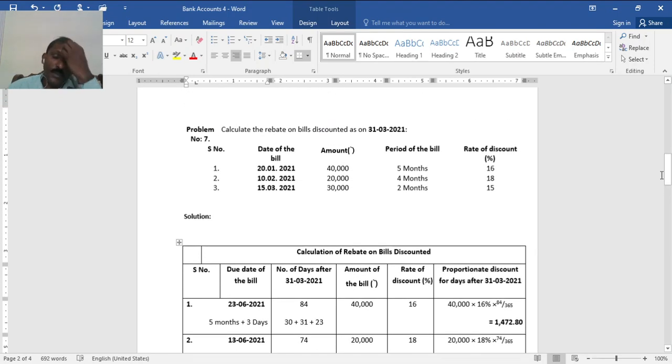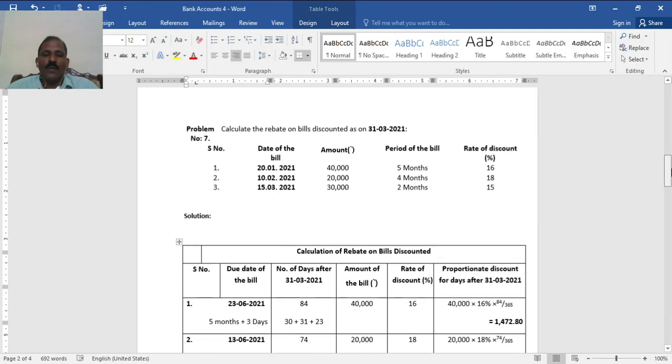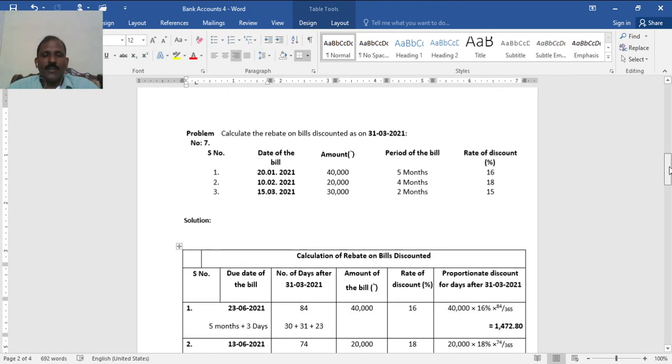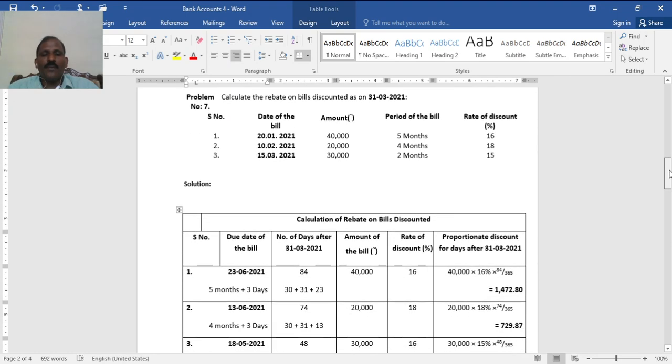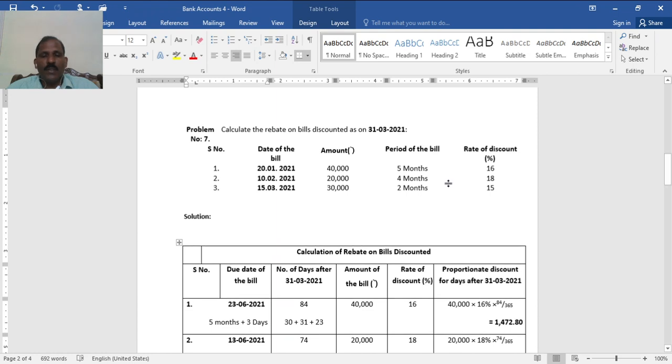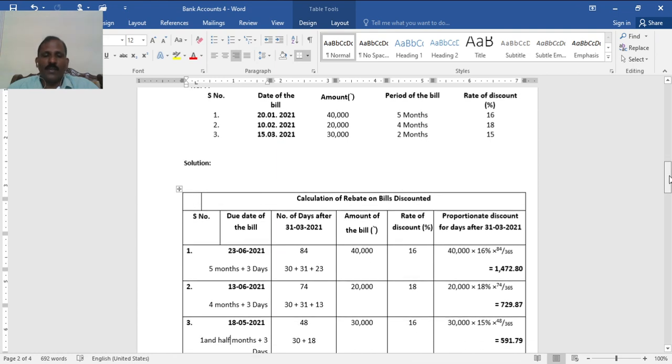Yes, it is correct. A bill drawn on March up to March 5th, it is in the year. So next, for 1.5 months.